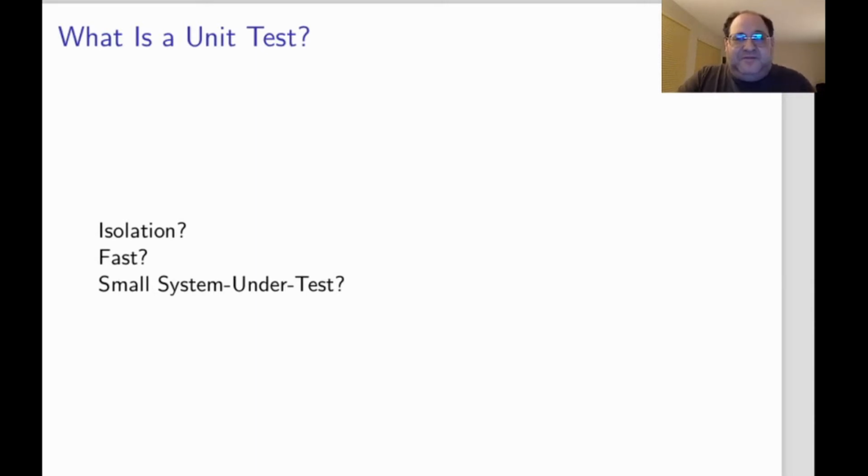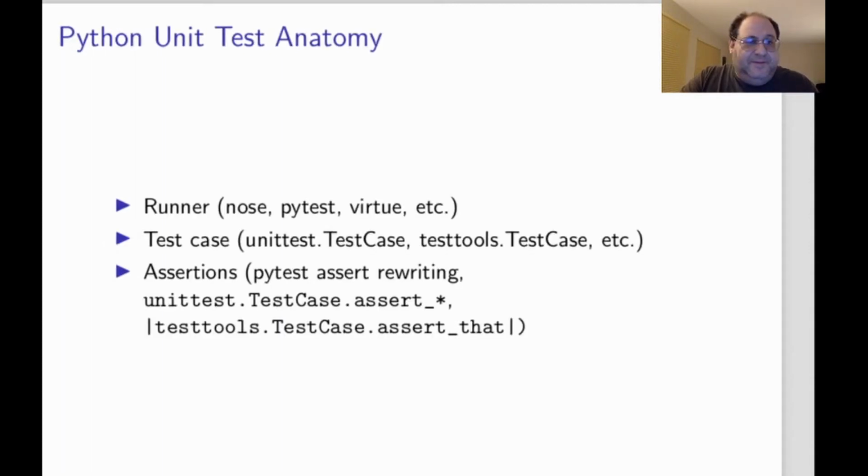So let's think about how they tell us stuff about our code. There are many ways to write Python unit tests. You have first the runner. The runner is something like nose or PyTest or Virtue that will look for your tests and actually run them. Now, when you write your unit test, you have to write your test cases somehow.